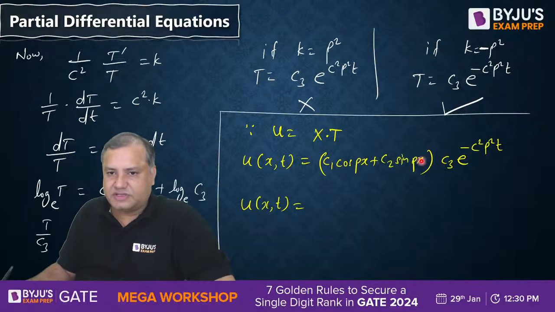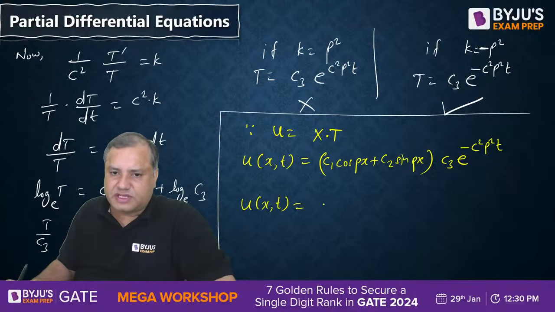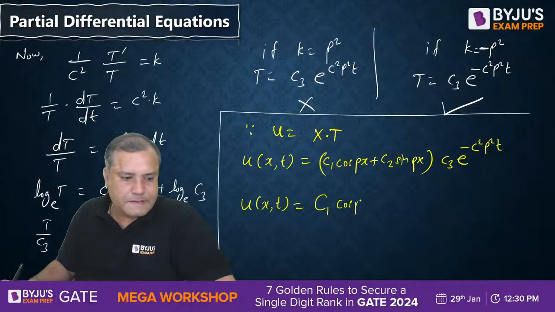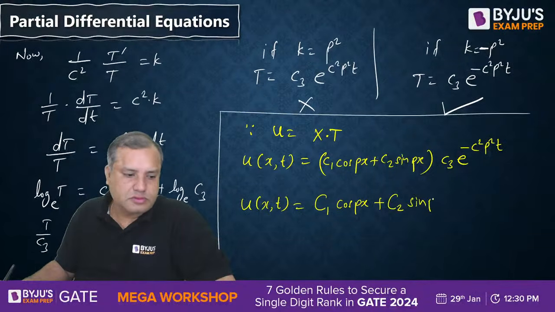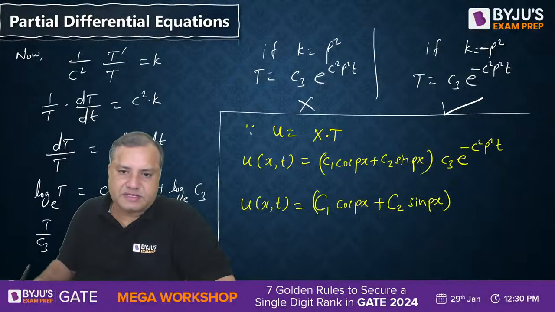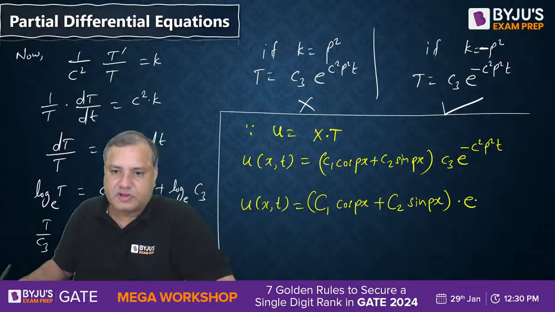C1 C3, cos and exponential. So C1 into C3 is replaced by a new constant capital C1 cos Px. C2 C3, capital C2 sin Px, e to the power minus c square p square t.